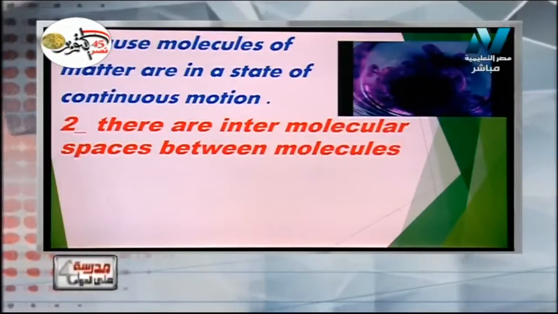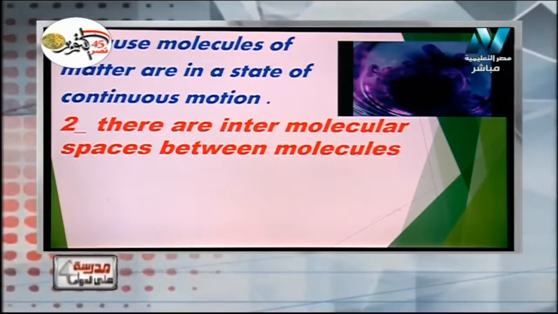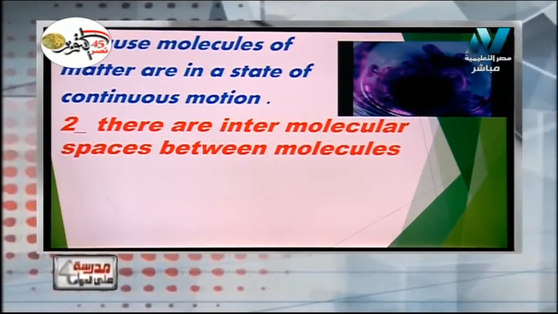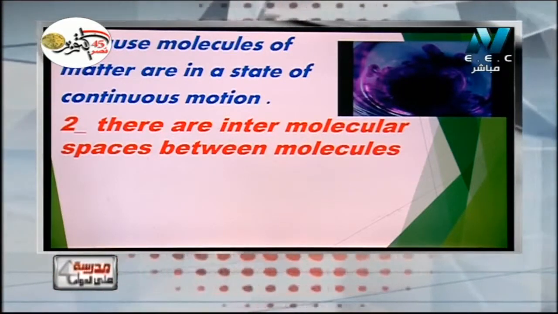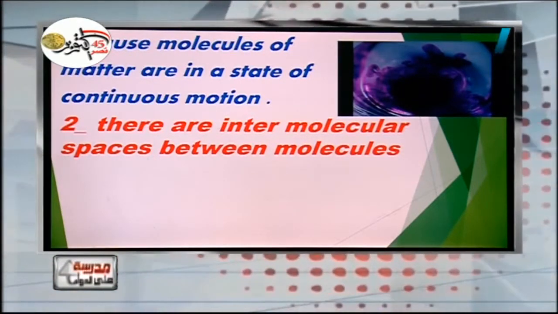If it is potassium permanganate, you will get violet color. If you put a blue drop of ink, you will get blue color. Why? Because molecules of matter are in a state of continuous motion.